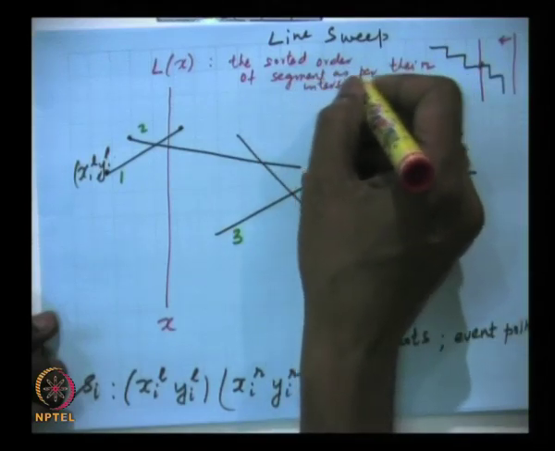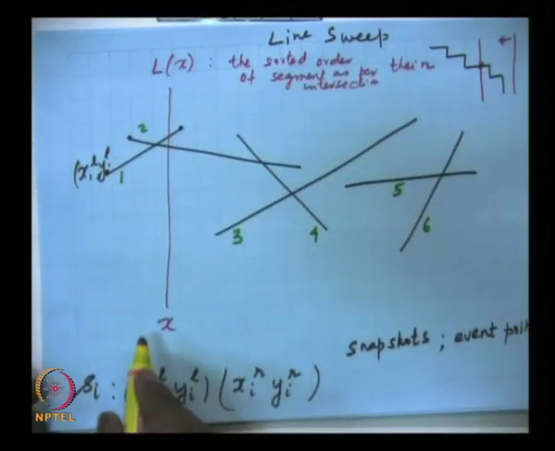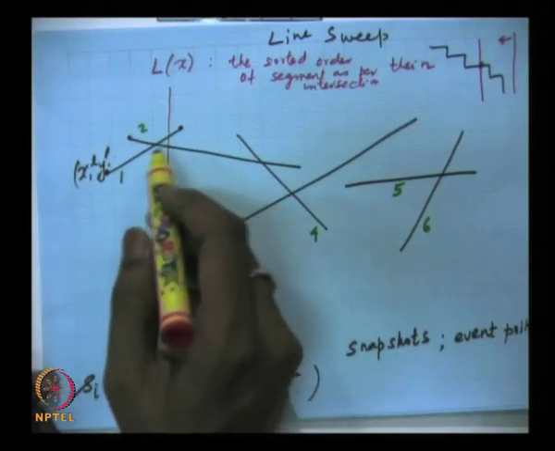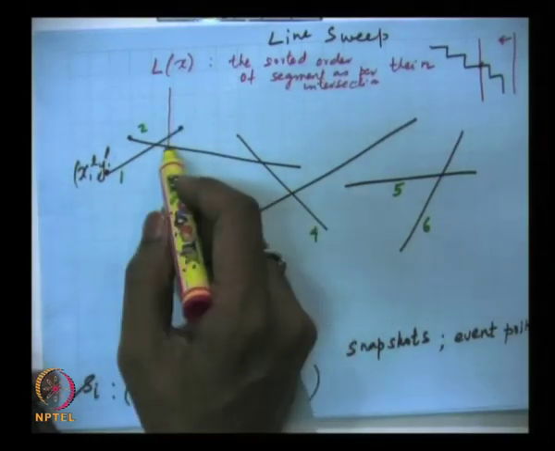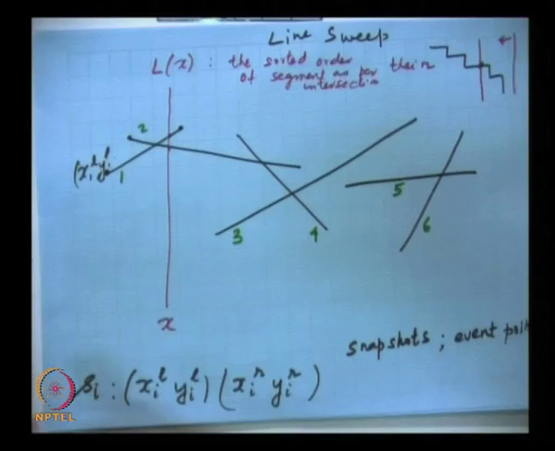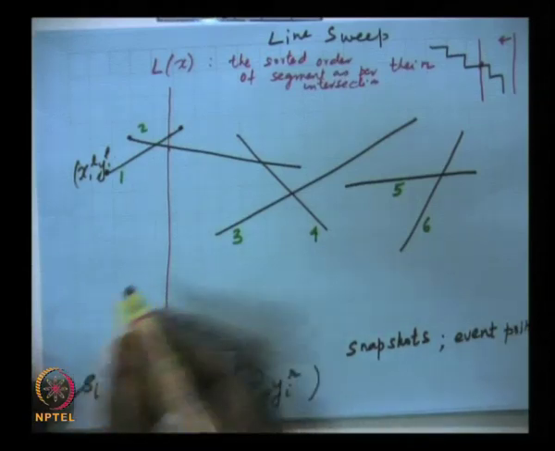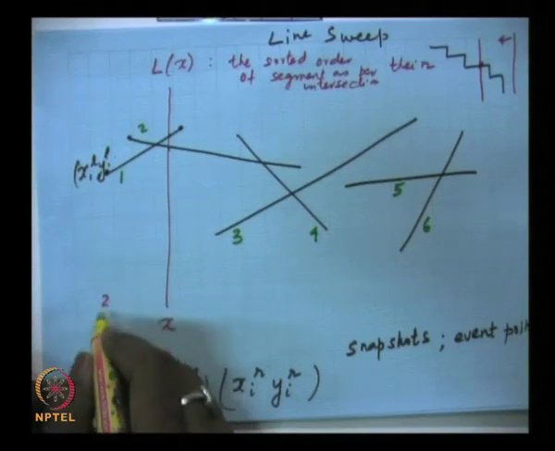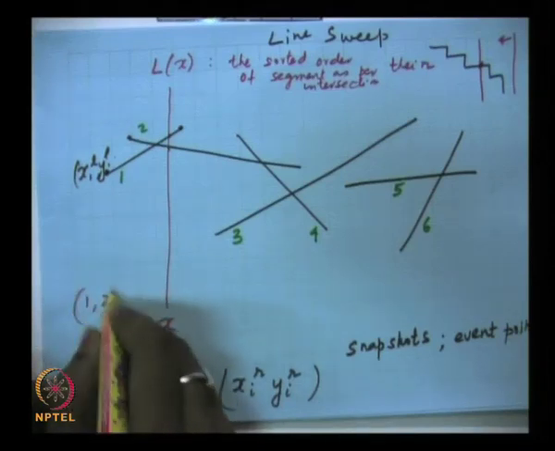In other words, L of x at this point would look like, so it first intersects 1 and then it intersects 2. Let us say from top to bottom, I keep it ordered. Whether it is top to bottom or bottom to top does not really matter, but just follow one convention. So, here L of x is going to be something like 1 comma 2.